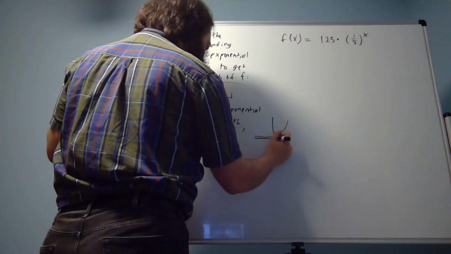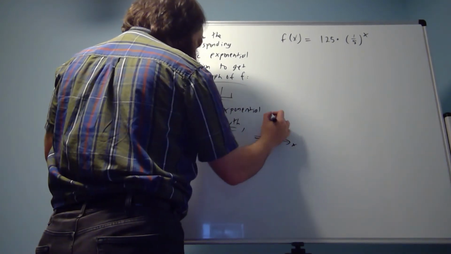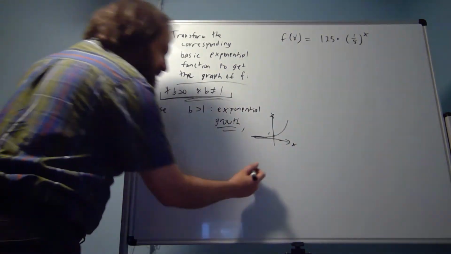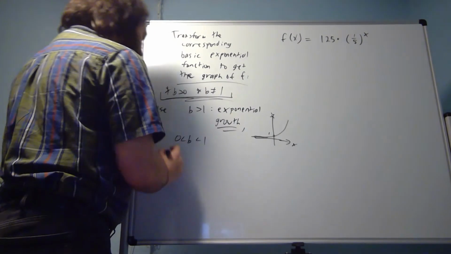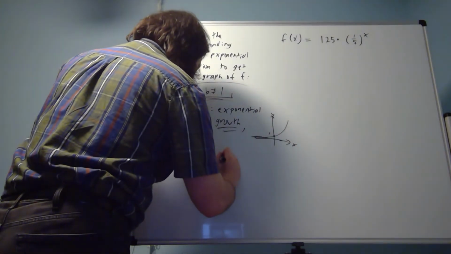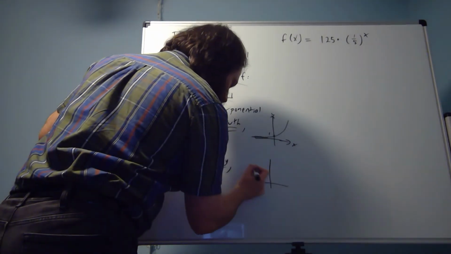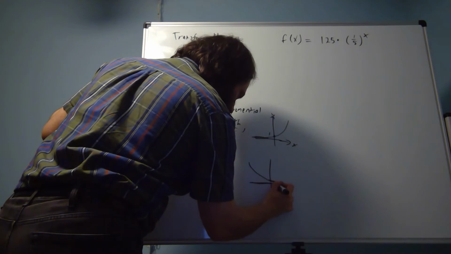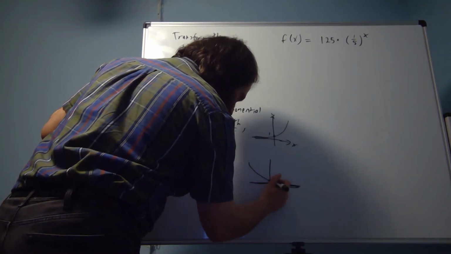b to the x looks like this. Here's 1 when x is equal to 0. You get y is equal to 1. You get this, and then if b is less than 1 but still bigger than 0, you get exponential decay, which is the same pattern, only reversed. If you plug in a few numbers, unless the base is really, really close to 1, usually pretty rapidly you start to see this.